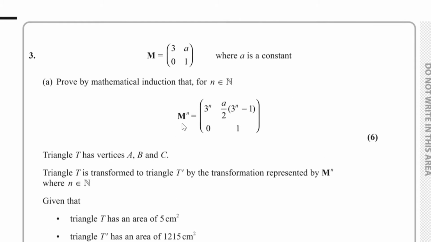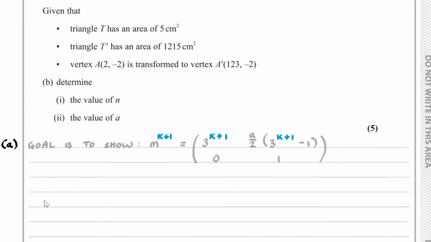So, with our first step in a proof by induction question, we see what happens when n is equal to 1. And when n is equal to 1, M to the 1 is equal to (3, 0; a over 2 multiplied by 3 to the 1 minus 1, 1).